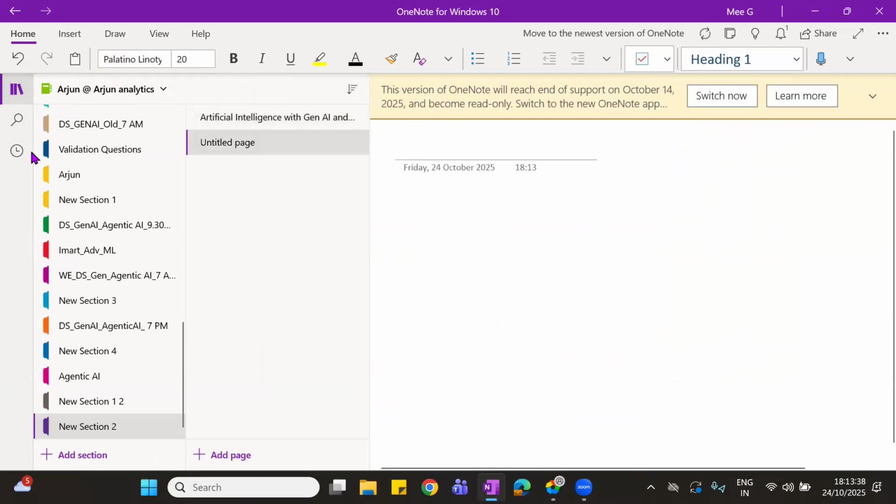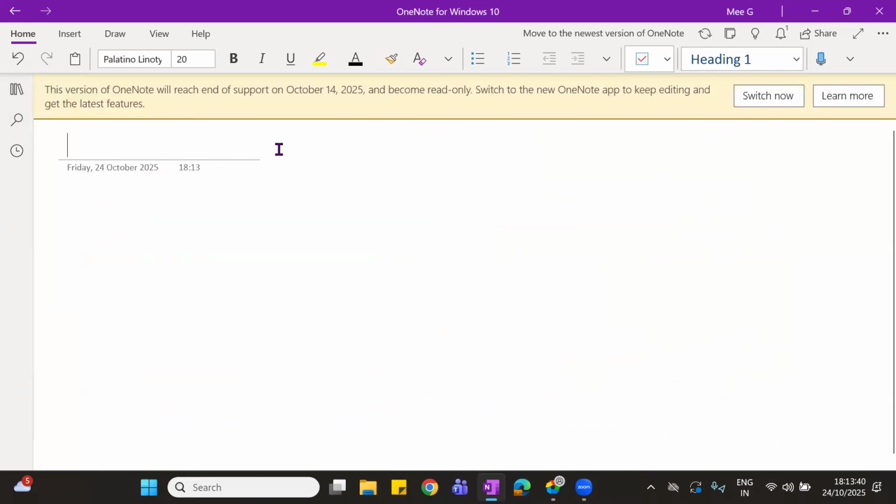Now let's go to the next important thing. We are going to see what is the difference between AI, ML, DL, and generative AI.